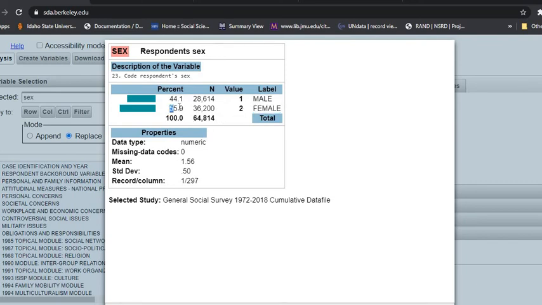You want to talk about each of these variables separately and tell me which is the more common category. Which category do more people fall into? Is it the male category? Is it the female category? You tell me females are 55.9% of the sample, so I know what the sample is made up of.